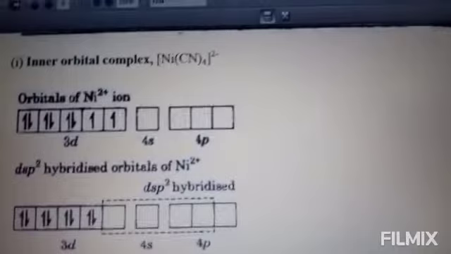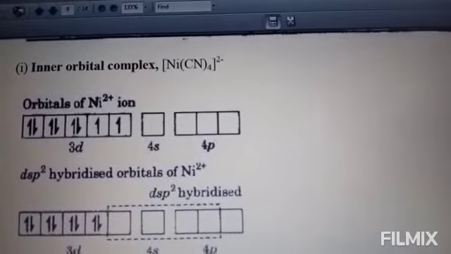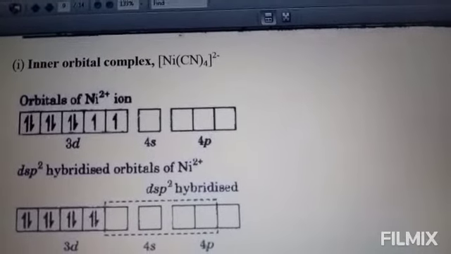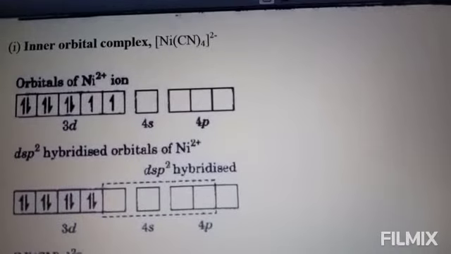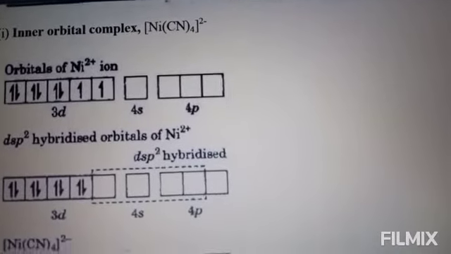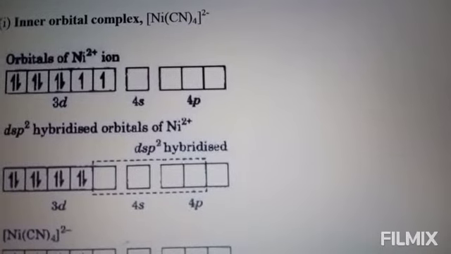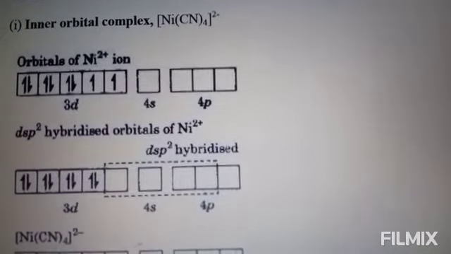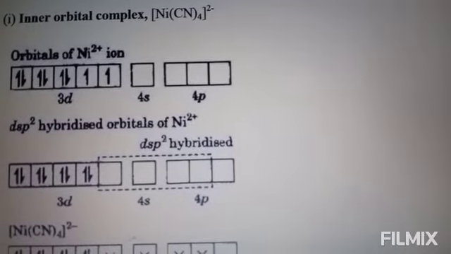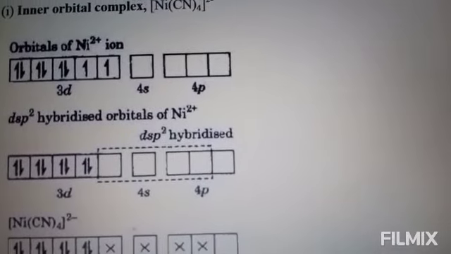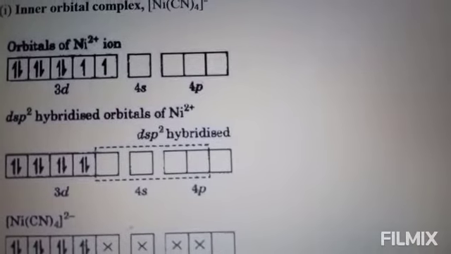Now let us see about the inner orbital complex. One example, let us take it. Ni(CN)4 2-. Okay, CN has -1, so -1 into 4, -4. So x plus -4 equal to -2. So x becomes +2. So nickel has +2 oxidation state. Okay, so while writing the electronic configuration, outermost electronic configuration is 3d8 4s2.